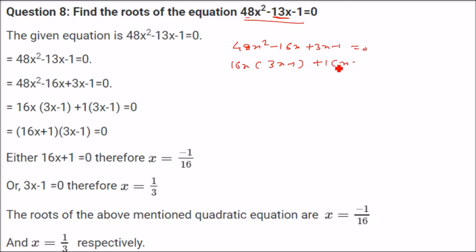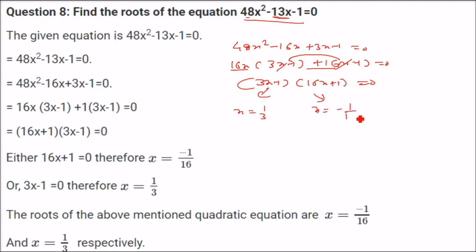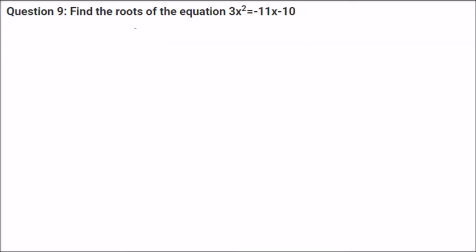Take 1 common, 3x minus 1 equal to 0. 3x minus 1 you can take common. You get 16x plus 1. So 16x plus 1 equal to 0. From here, if you put 3x minus 1 equal to 0, you get x equal to 1 by 3. If you put 16x plus 1 equal to 0, you get x equal to minus 1 by 16. So these are the two roots of this quadratic equation.